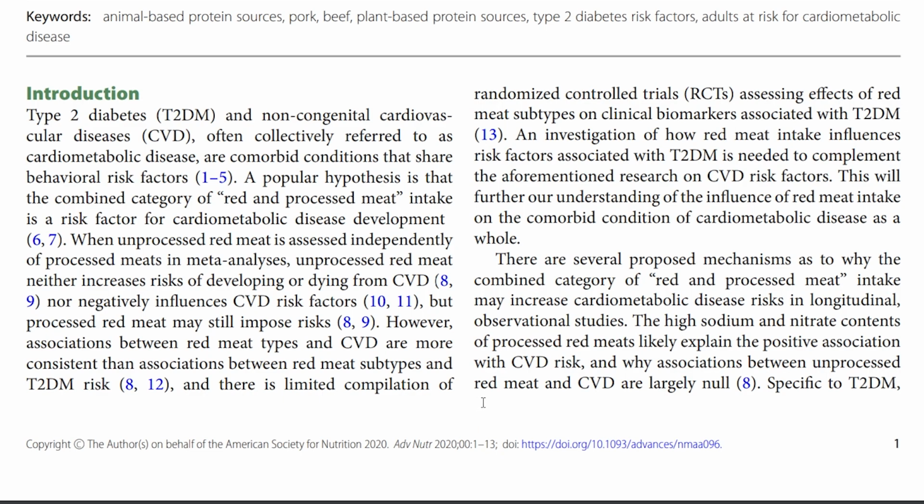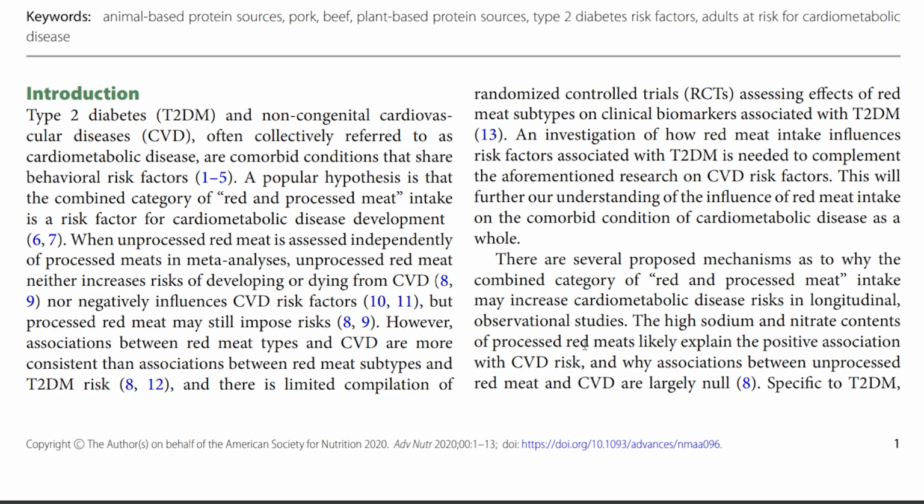Okay. There are several proposed mechanisms as to why the combined category of red and processed meat intake may increase cardiometabolic disease risks in longitudinal observational studies. So watching people for long periods of time without cause and effect, without intervention, just associative studies. All right.